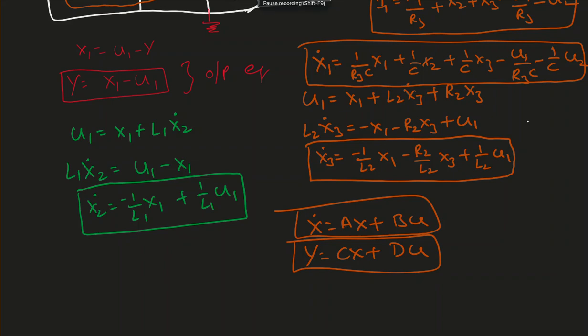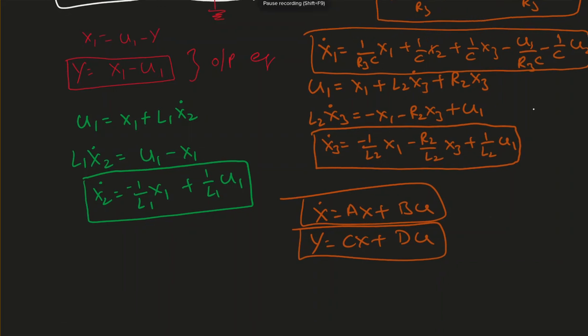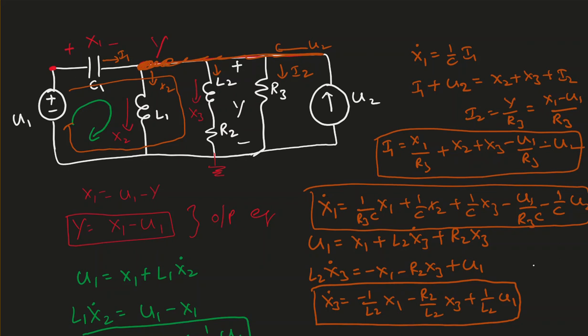To get this A matrix, all you need to do is write down the coefficients of X1, X2, X3. So for X1 I have 1 over R3C, then 1 over C, 1 over C. Do I have C1 here by any chance?